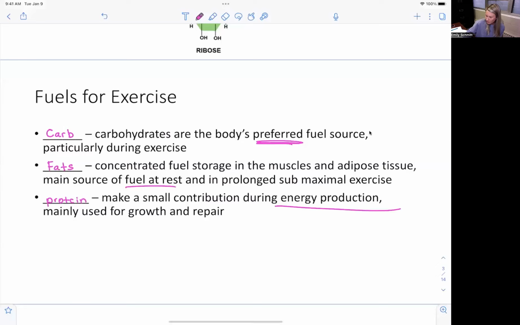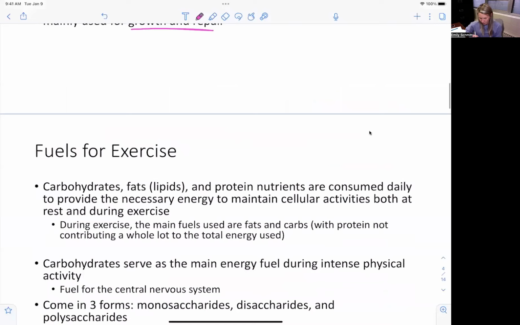So, since we're talking mainly about energy production in this class, we're not going to talk about growth and repair, though proteins are so instrumental for growth and repair. We're breaking down our muscles, we're putting stress on our tendons. We really need protein for this growth and repair, especially on the molecular level.